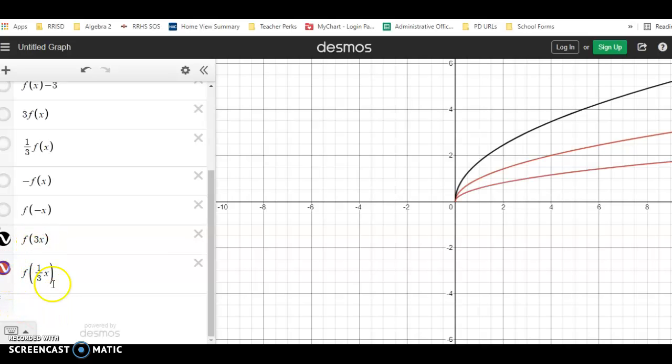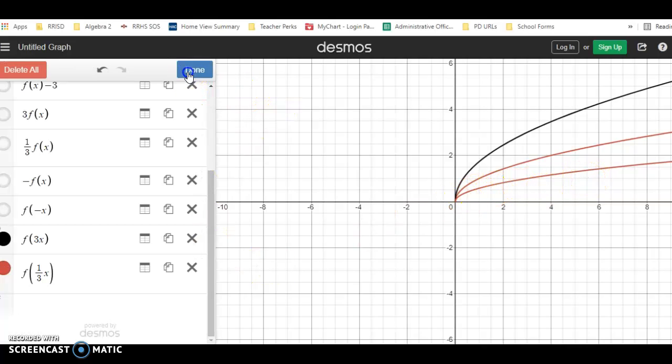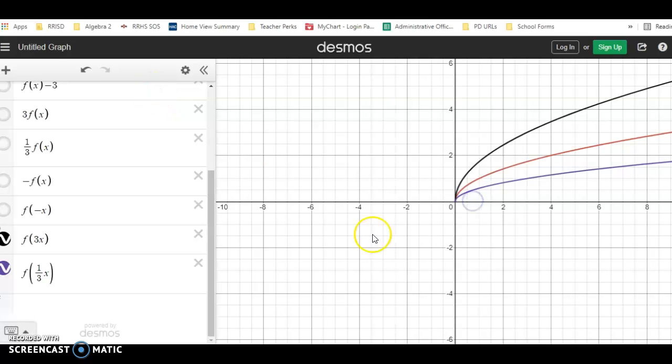And when I say f of 1/3 of x, so this is also red, by the way, but we can change it. But if you see this, then let's take it as a purple line, right? So this is 1/3 x. So it is stretching horizontally. It is stretched by a factor 3. So you have to make a reciprocal of whatever is the number here. So that's with the horizontal.